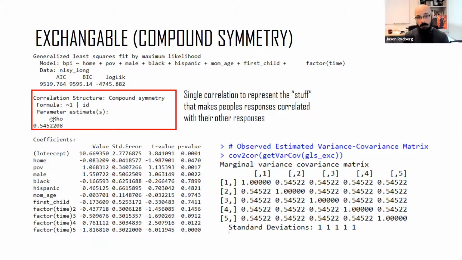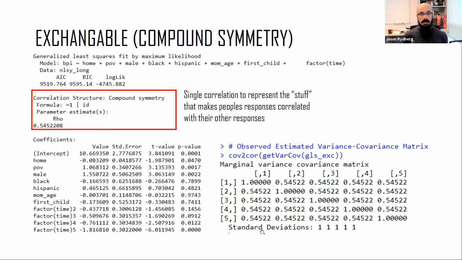So we get one value, this rho value here. And if we then ask for the variance covariance matrix that this exchangeable model uses, you see the correlations between those residuals. They're all the same, because it assumes there's one value being used to capture that information.